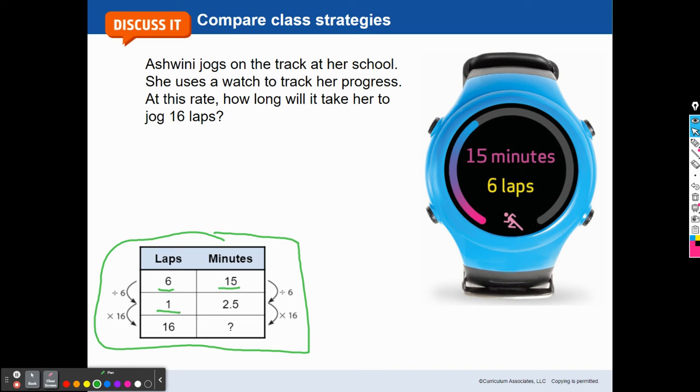So if we find our rate, then we want to know how we get from 6 to 1, right? We divide by 6. So we do that over here, divide by 6, and we're going to get 2 and 5/10. All right, so they did not write that one as a fraction, and that's fine. So what they did was they did 15 divided by 6.